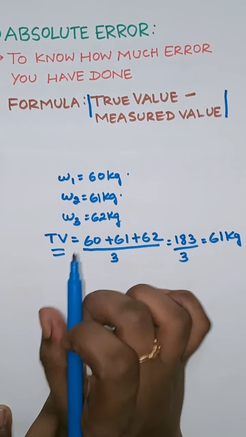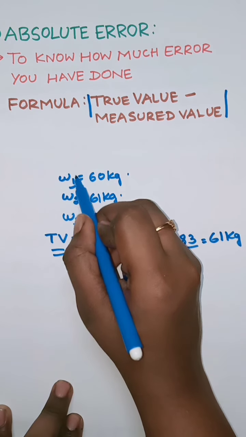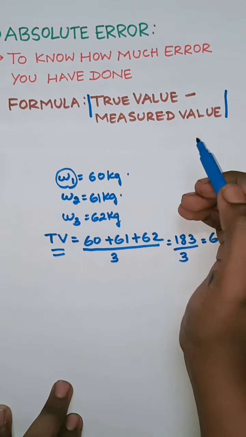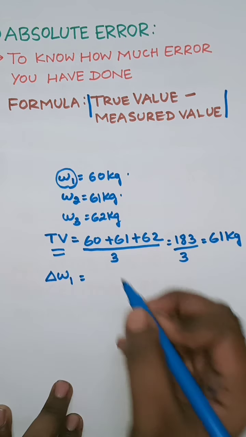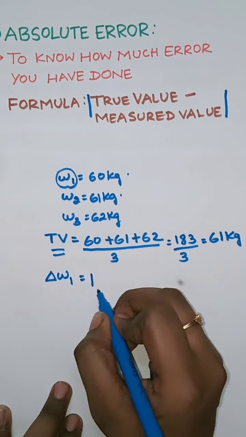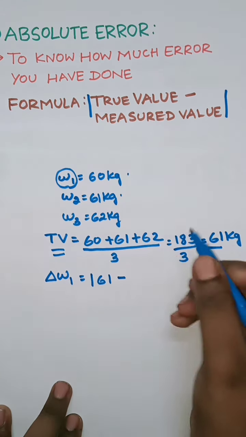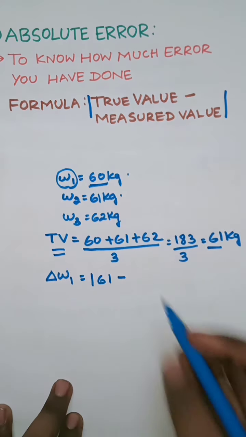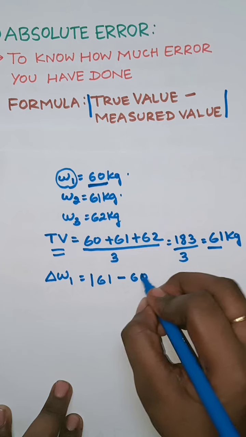Now in the examination they are asking you to find the absolute error of W1. Absolute error of W1 is equal to the modulus of true value, which is 61, minus my measured weight, which is 60.